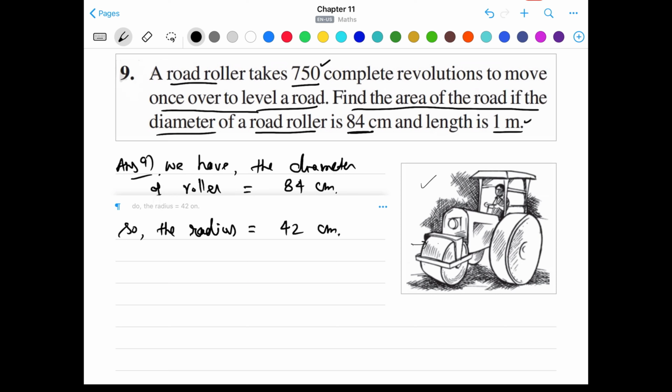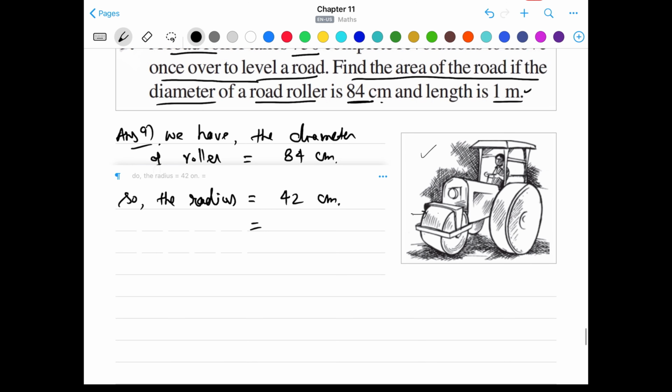As you can see, the length of this cylinder, or you can say height of the cylinder, is given as 1 meter, while the radius is given in centimeter, so we have to change the units to the same, either both to centimeter or both to meter. We're going to change centimeter to meter. In order to convert centimeter into meter, we need to divide by 100. So we'll get the radius as 0.42 meter.